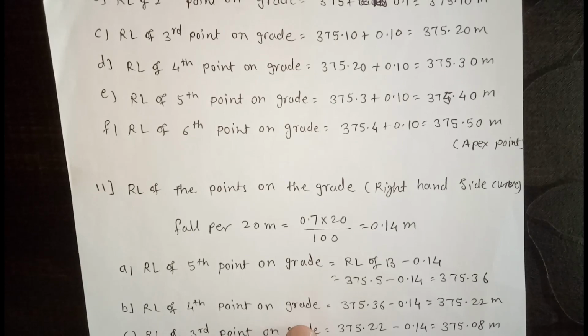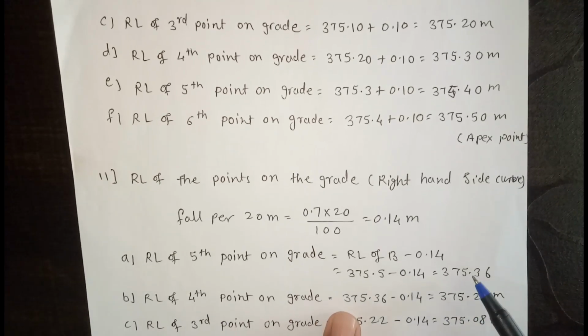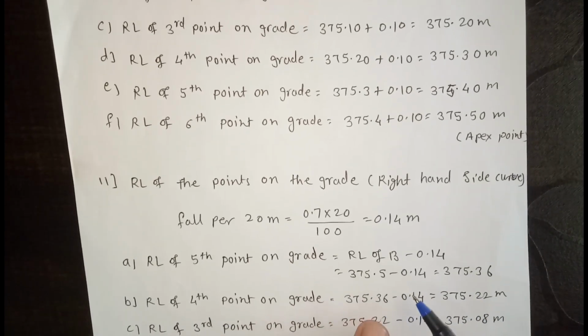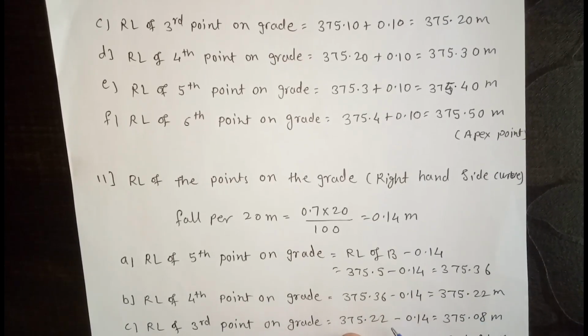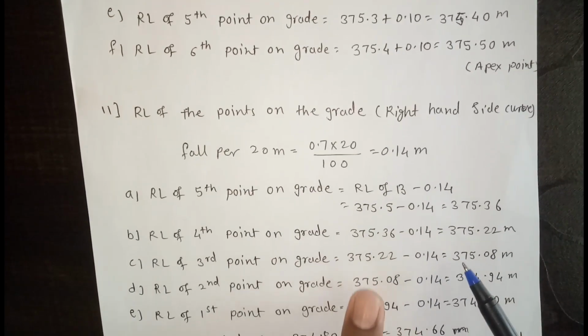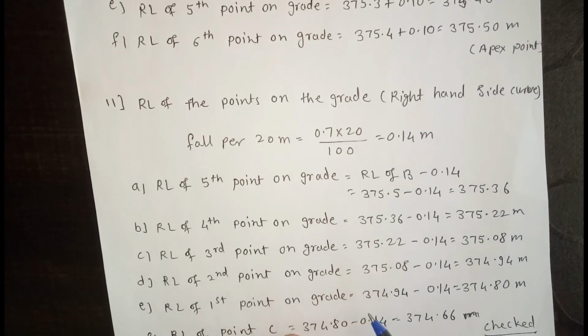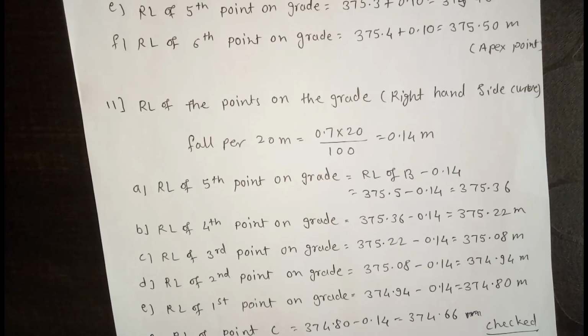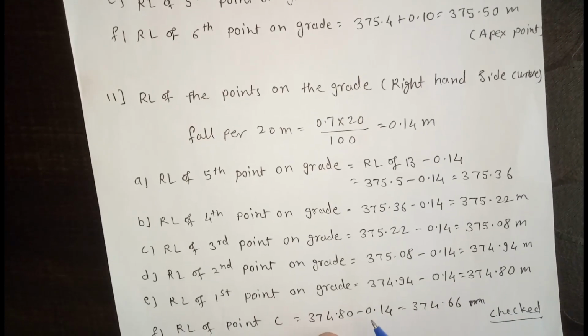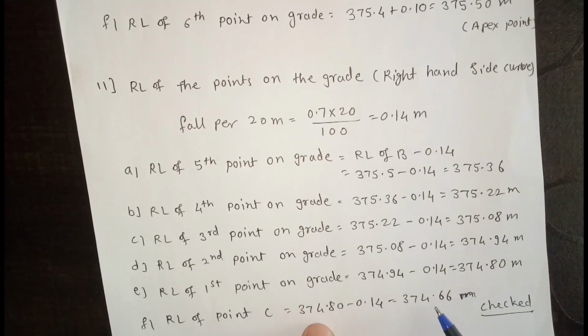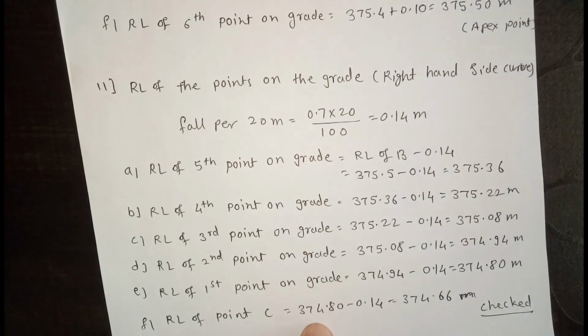Then for the 4th point on the grade, take this value here, minus 0.14 again, the same constant, and continue minus 0.14 till point C. So RL of point C is equal to 374.80 minus 0.14, that is 374.66.